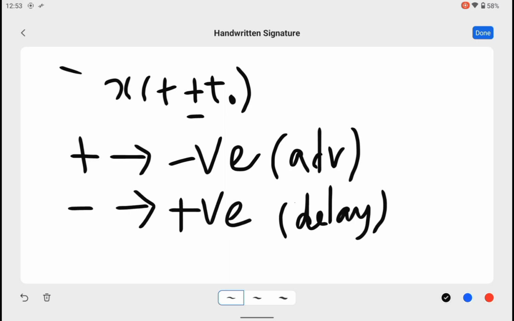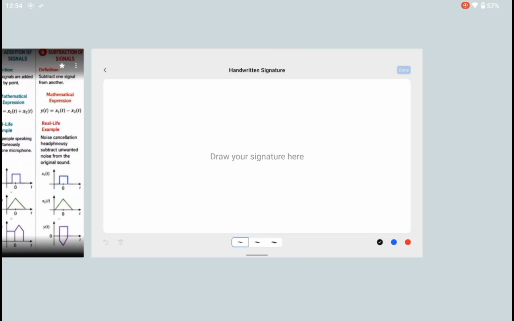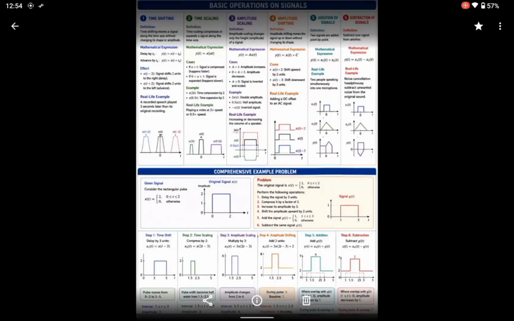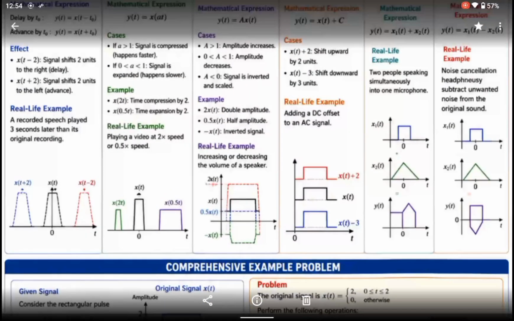Is it clear for you? If it is positive, then it means that I'm going to advance the signal, so I'm going to move the signal to a prior position. If the symbol is negative, on the axis I'm going to move it in the positive direction, because I'm going to delay the signal. That is what we are discussing here.